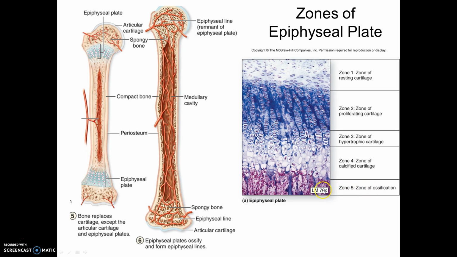And then the zone of ossification is where the walls between the lacunae have broken down, forming these longitudinal channels. Those channels become invaded with capillaries, which are bringing osteoprogenitor cells to this zone. Those osteoprogenitor cells, like we've talked about previously, are going to differentiate into osteoblasts, which will start to produce osteoid on top of that calcified cartilage. So the newest cells are up here at the top, having just been formed from mitosis, and the older chondrocytes are here at the bottom.